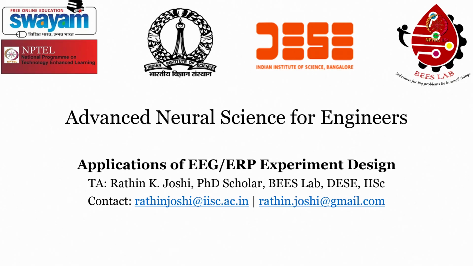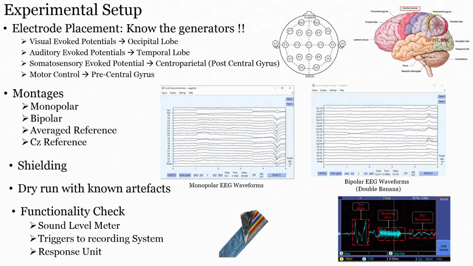If you can see the screen, we are going to see application of EEG and ERP experimental design. We are talking about 3 applications. We have already discussed in the signal acquisition module of the previous class where you are going to put your electrode. I mentioned at that time, if you are working on visual evoked potential, go for occipital lobe. For auditory, it can be temporal, it can be frontal as well, right?